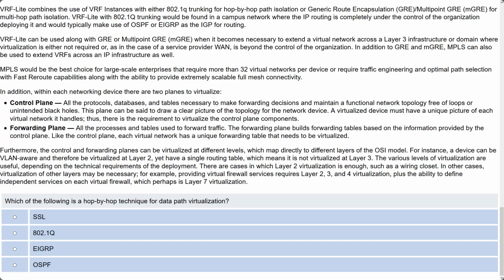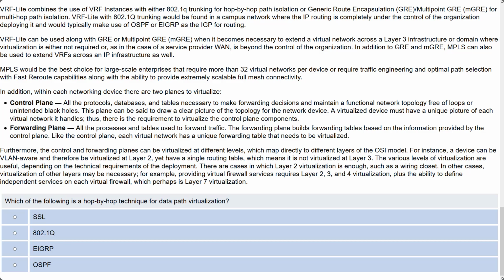A VRF instance is basically an instance that consists of an IP routing table, some sort of derived forwarding table, and then interfaces that use those forwarding tables. And I guess we would define things like rules and routing protocols that determine what goes into the forwarding table itself.